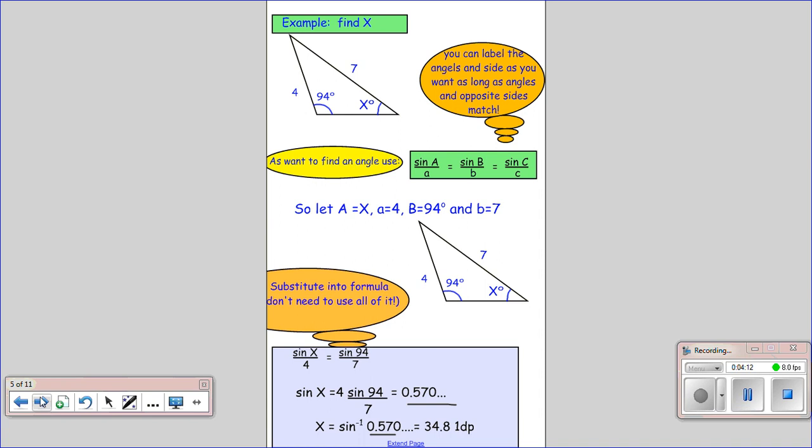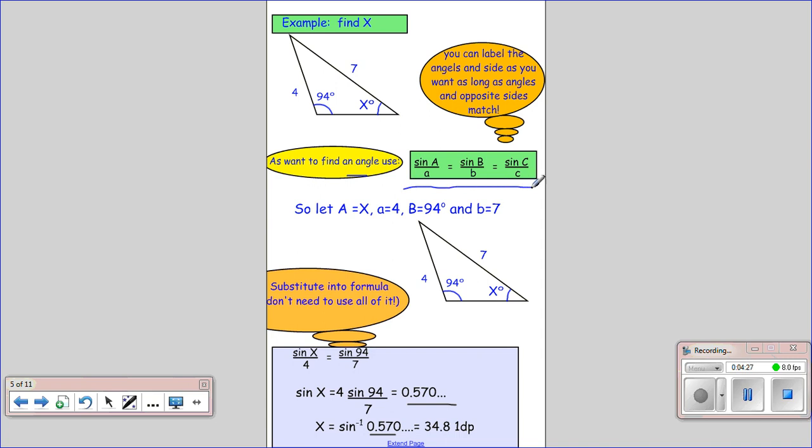Okay, so this time we're going to find X, where big X, capital X, is the angle. Because again we're looking at angles, we want to use the formula this way round.